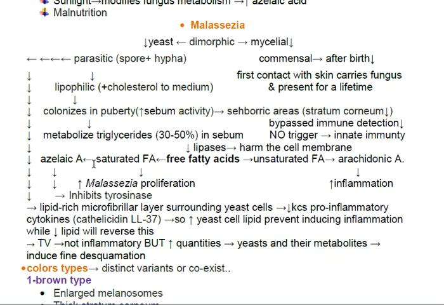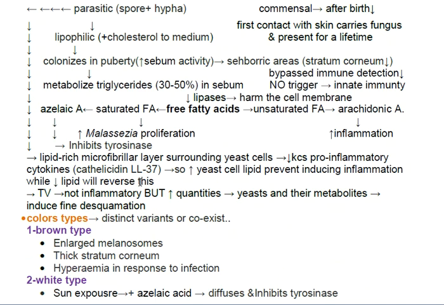One of them is azelaic acid, which inhibits the tyrosinase enzyme and leads to hypopigmented macules. The yeast has a lipid-rich microfibril layer surrounding it, which decreases inflammatory cytokines released by keratinocytes. So the more lipid the yeast, the more reproduction and the less inflammation, and vice versa.